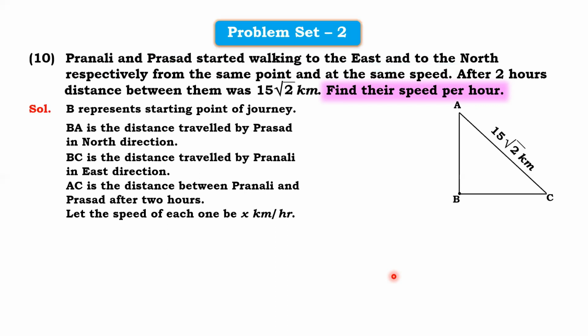Now we all know what is the formula for speed. Speed is equal to distance upon time, right? This is the formula we have learned in physics. Speed is equal to distance upon time. But students, if you see here in maths, what is BA representing? BA is representing distance. What is BC representing? BC is representing distance. And what is AC representing? AC is also representing distance.